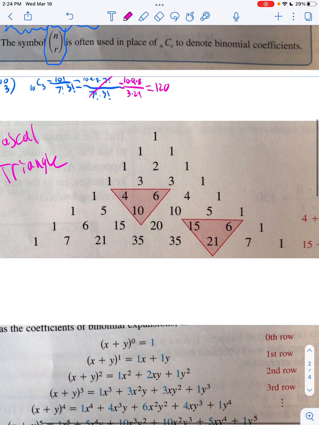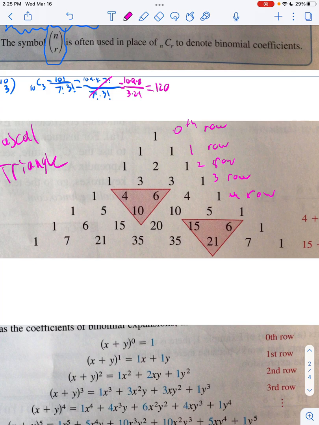Really how it works is the first and last number in each row is 1. And then the 2 numbers above it, as you can see in these triangles, add up to give you your next term. This would be my 0th row, my 1st row, my 2nd row, my 3rd row, my 4th row.